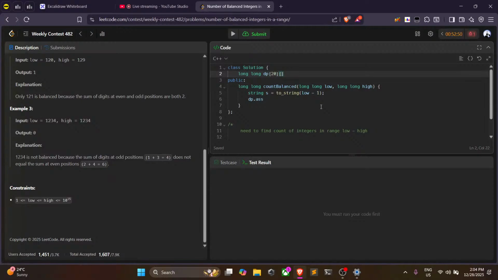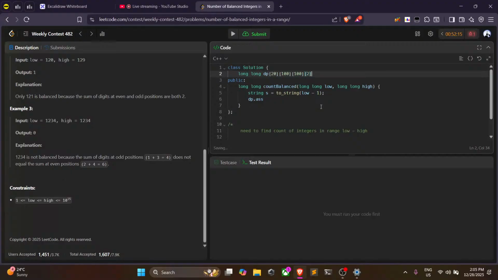Then it should have odd and even, so we should also have the sum of odd and even digits. The sum of odd digits: 10 digits were there, and 10 into 9 is basically 90. So 100 would be the upper bound. Similarly, 100 will work for even.